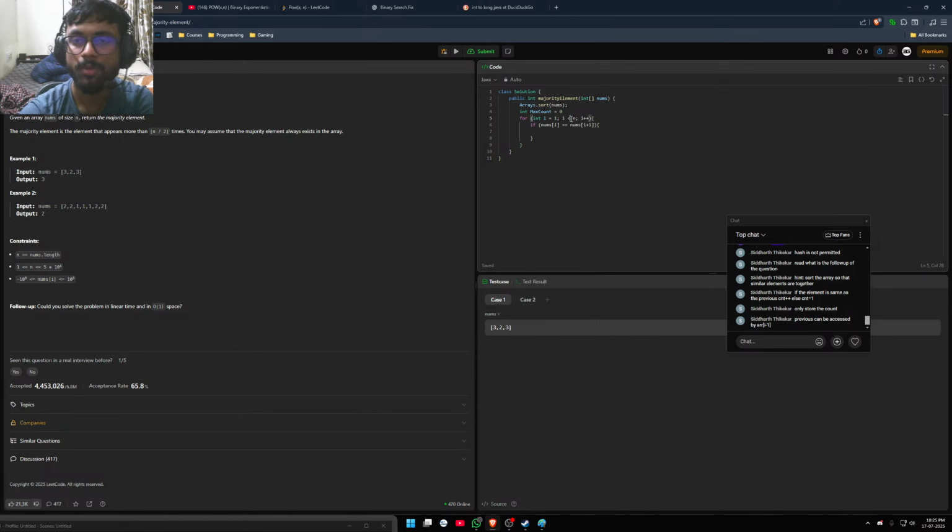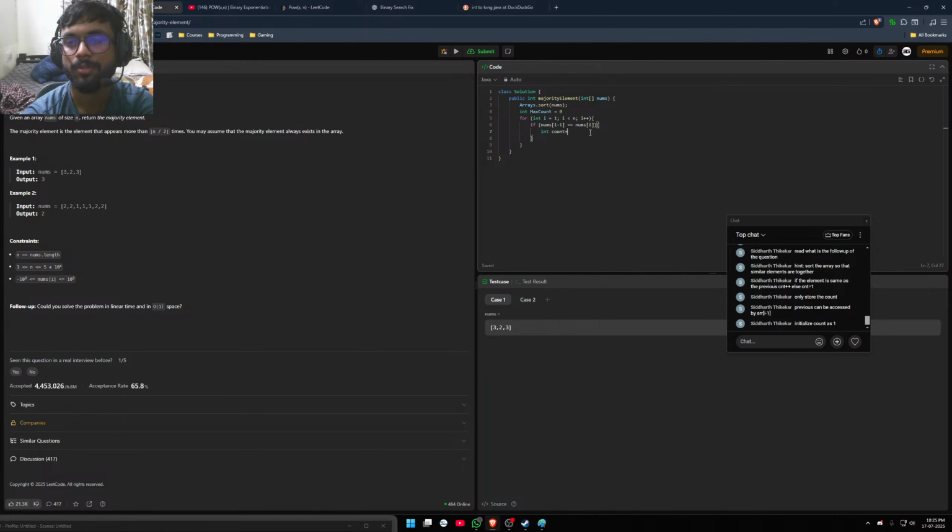Yeah, I think your method will be better. So if the previous element is the same as the first element, then count plus plus. Yeah, you're saying it and I'm doing it literally at the same time. Else, let's just say count equal to one again.